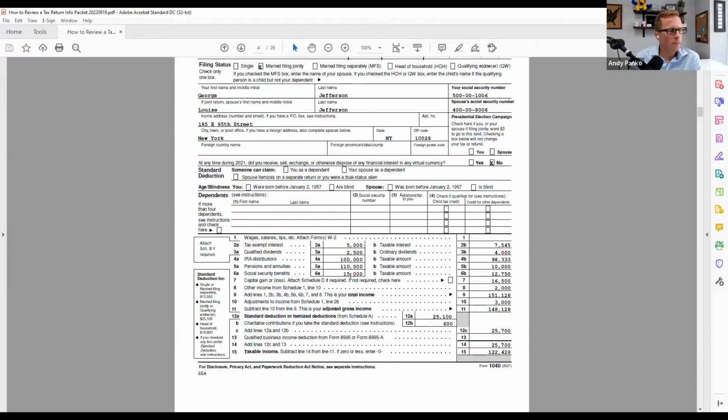Social Security benefits, the gross amount will be shown on 6A, and that's gross before any Medicare premium deductions or tax withholdings, for example. The taxable amount will be on 6B. As you all probably know, no more than 85% of gross Social Security benefits are taxable. It could be as low as zero.